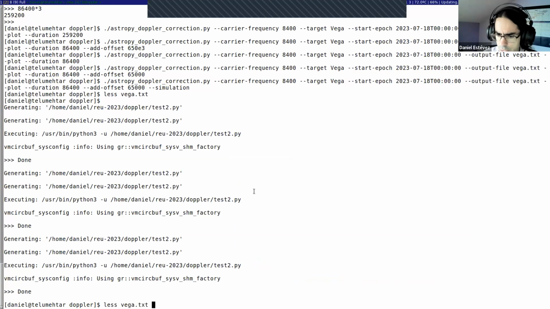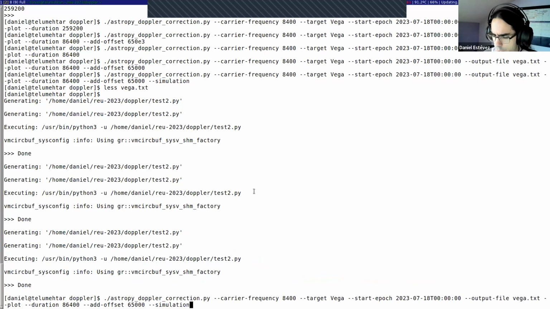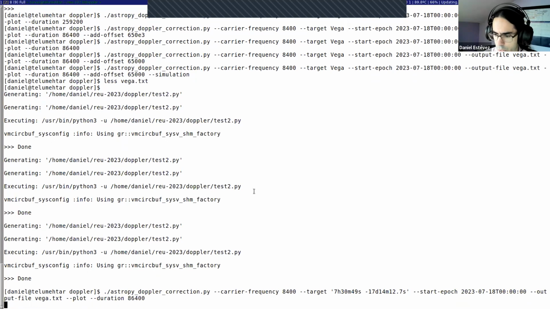What else? I said I wanted to show how to put in here some coordinates. And I think we can do something like 7 hours, 30 minutes, 49 seconds. I'm inventing this, of course. And then minus 17 degrees, 40 minutes, 12.7 seconds, something.